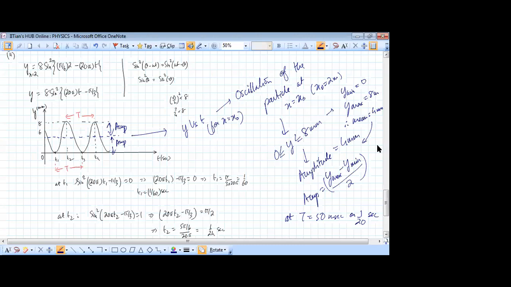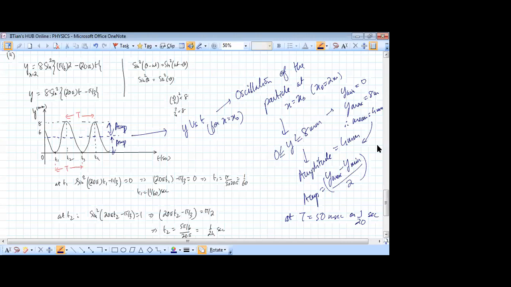In any oscillation, suppose the oscillation was happening between -2 and 6. So again, the range of oscillation is 8 millimeters. So the amplitude would be how much? It would be 4 millimeters. But this time the mean position would be +2, because it is going between -2 and +6. Similarly, here it is going between 0 and 8. So what is the mean position? y equal to 4 is the mean position, and what is the amplitude? 4.